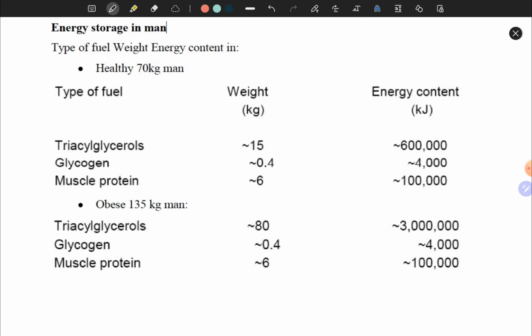Body fat percent is very important. Body fat percent, look on the internet for pictures of body fat percent.